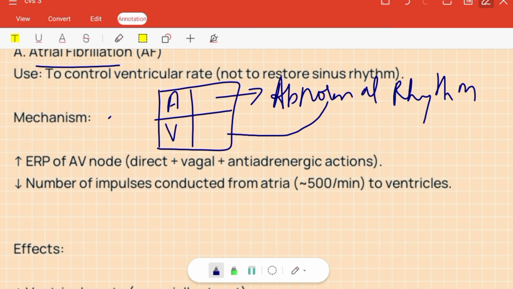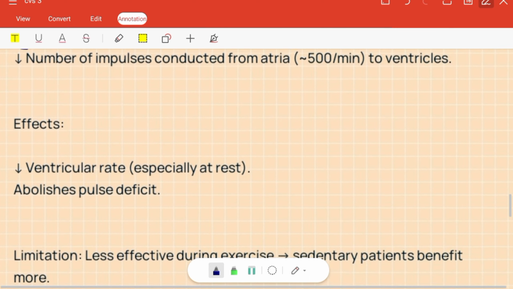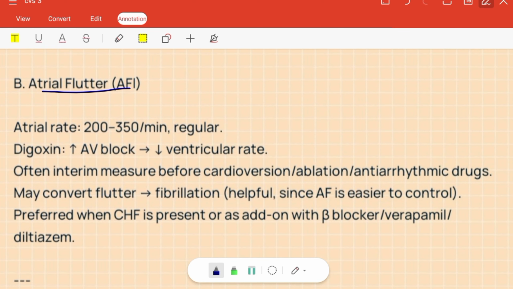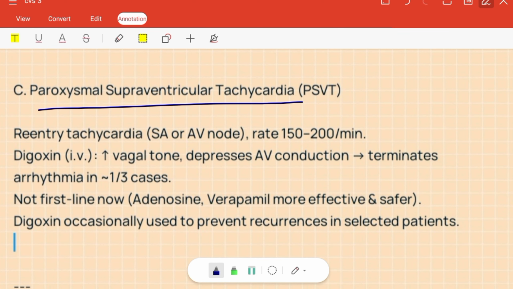This abnormal rhythm must not pass to the ventricles, because if it passes to the ventricles, it is very difficult to treat. So we can keep it confined to the atrium, and this is done by increasing the effective refractory period. When the effective refractory period is increased, there is a decreased number of impulses passing from the atrium to the ventricle. So the abnormal rhythm does not pass to the ventricles, and the ventricular rate is unaffected. The same mechanism applies to atrial flutter as well as paroxysmal supraventricular tachycardia.